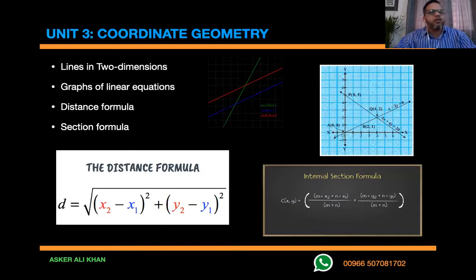In coordinate geometry, all these things at a very basic level you have already studied in grade 9. Now, of course, the complexity is going to increase. You will be studying lines in 2 dimensions, graphs of linear equations, the distance formula, the section formula and problems based upon these things.